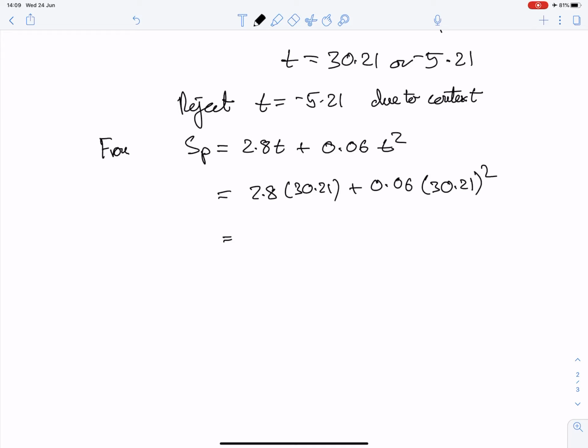So SP comes out to be around 140-ish. Let's just check it. 139.36 meters. That's a fairly excessive level of accuracy.